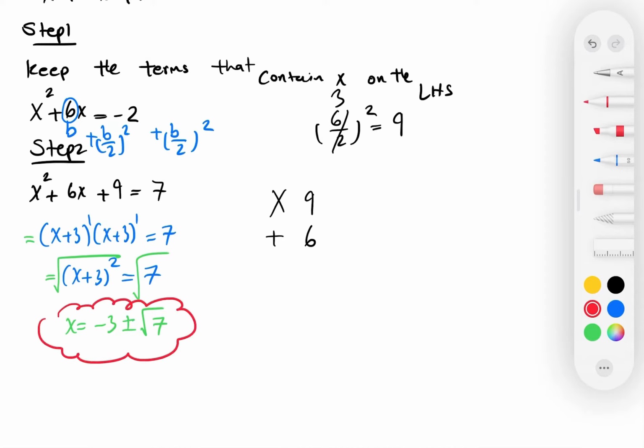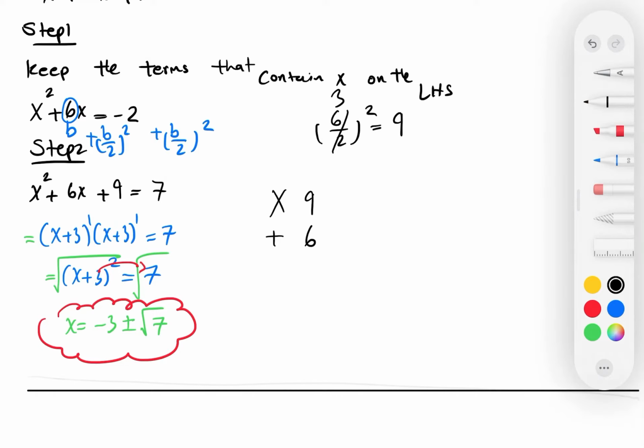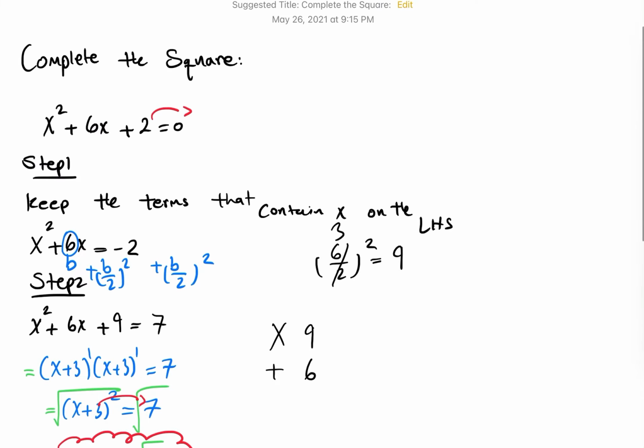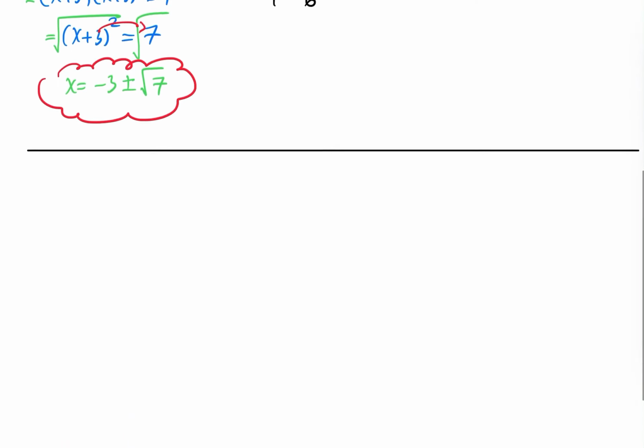Because if you bring positive 3 to the other side, it becomes negative. And why plus minus radical 7? Because when you take a square root, you get two solutions, one positive, one negative. All right, so this is the way we do it, and this is certainly a bit easier compared to other types of completing the square.